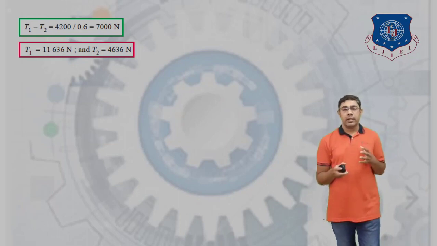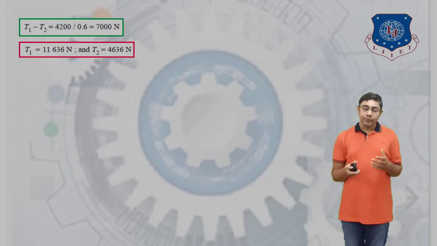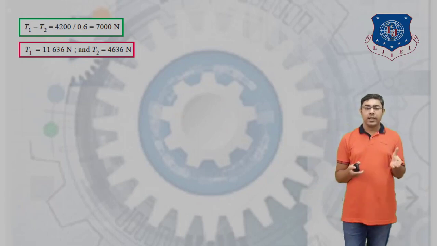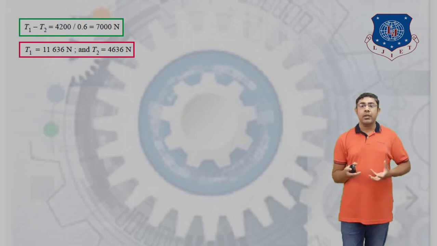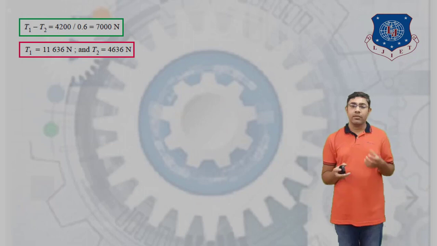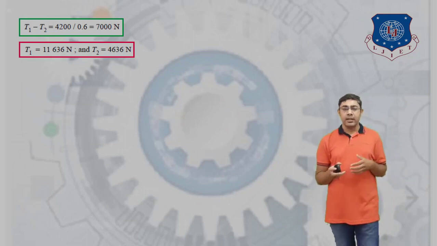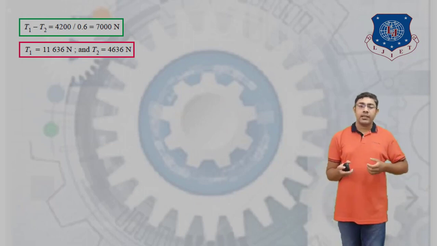Now we have to calculate the centrifugal tension. As we know, the centrifugal tension Tc is equal to mv squared, and to calculate it we need the mass per unit length. So first of all, we have to calculate the mass of the belt per unit length.